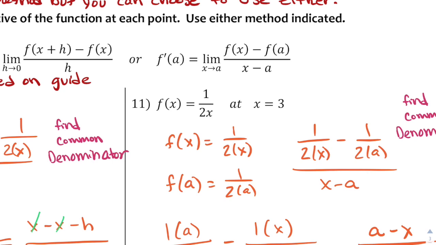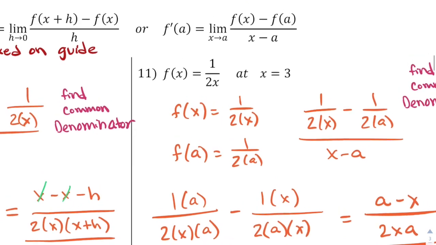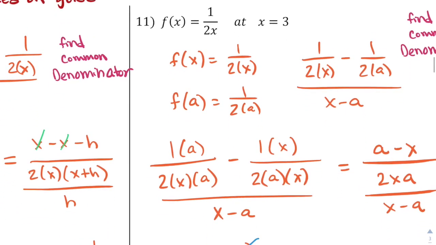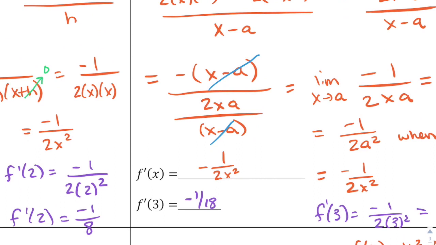Deriving that would give me 1/2 times -1 x to the -2. And then moving it back down to the denominator would leave me with -1 over 2x to the 2, which is exactly what I have. Evaluating this at the location 3 would give me a slope of -1/18.